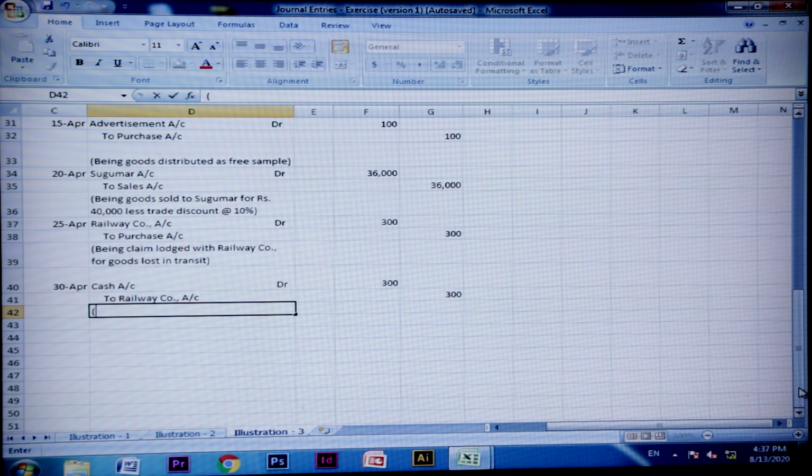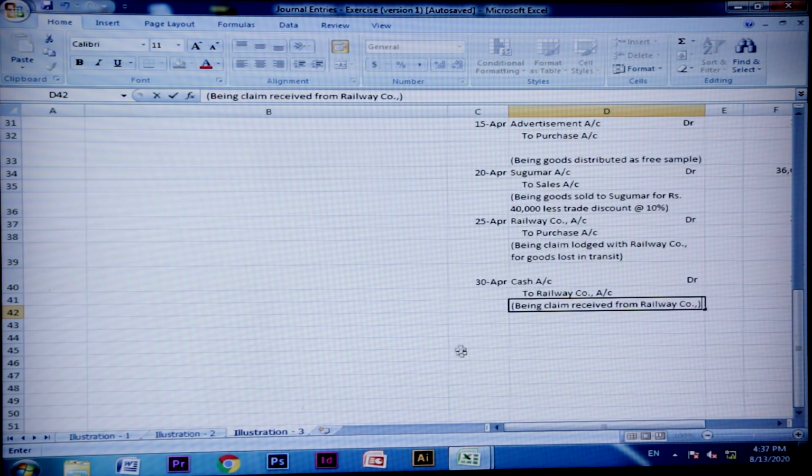The narration for this entry is being cash claim received from railway company.